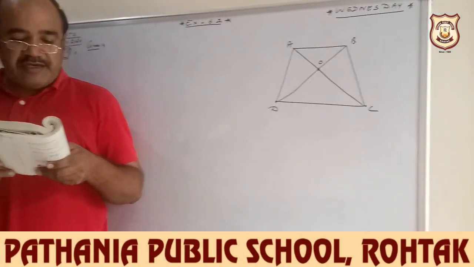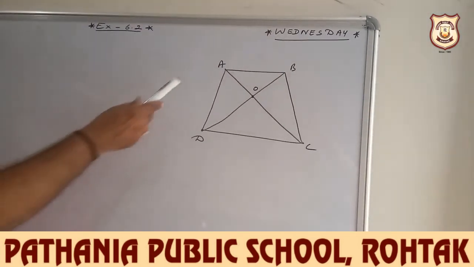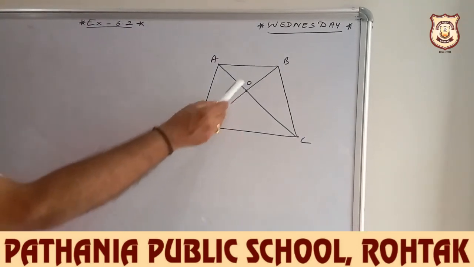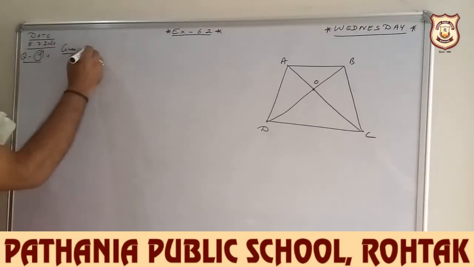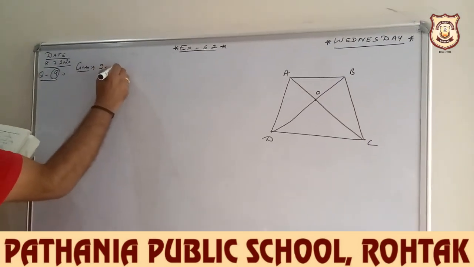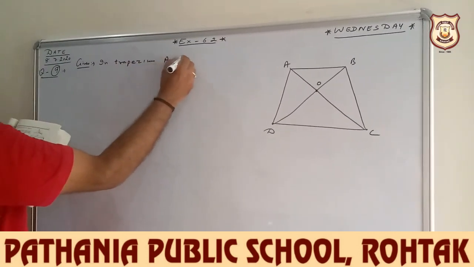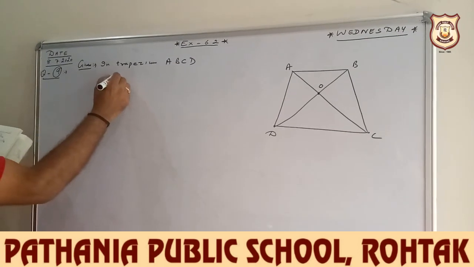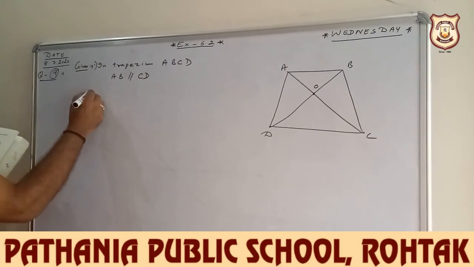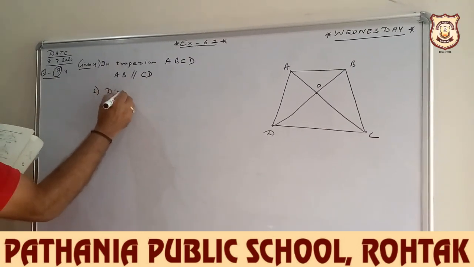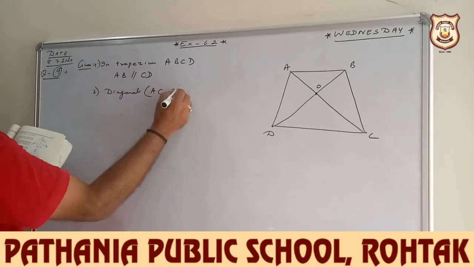Now see question number 9. ABCD is a trapezium in which AB is parallel to DC and its diagonals intersect each other at the point O. Show that AO upon BO equal to CO upon DO. See trapezium ABCD, diagonals intersect each other at O. So write in given, in trapezium ABCD, AB parallel to CD.